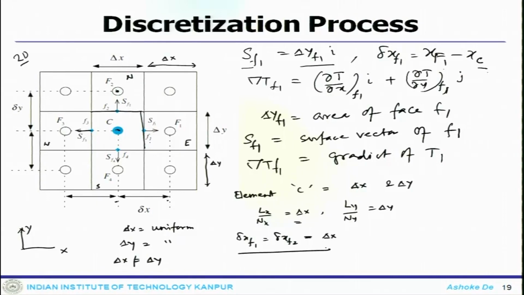But for the sake of discretizing the equations, we continue with this particular format, so that you get an idea, not necessarily they have to be uniform. Even if you have a non-uniform delta x, you can write this formulation. What it requires is that when I go in this particular direction between C and f1, I need the distance between this cell center and this cell center, and that is what I mean by delta xf1, which is more generic in writing, but essentially for this particular case it boils down to the same.